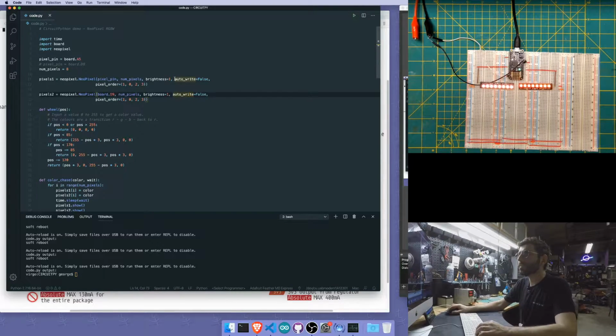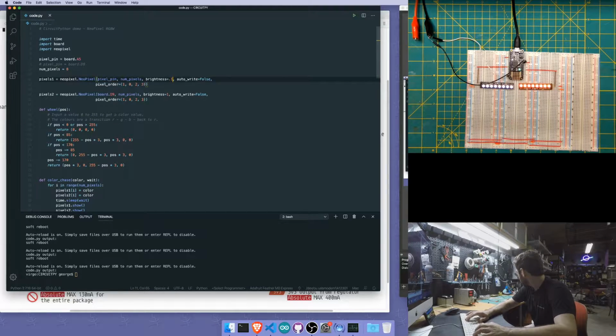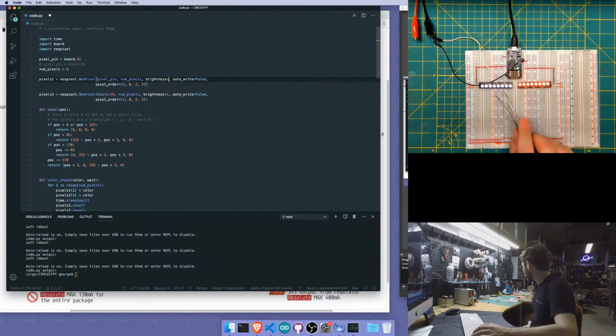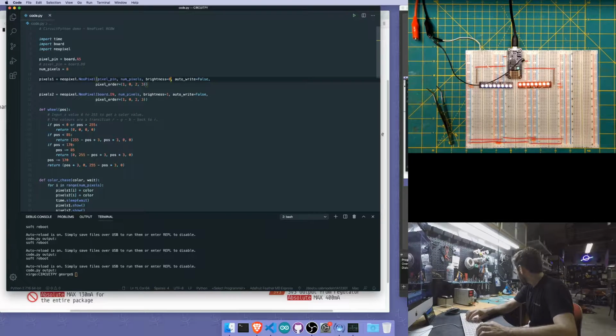I mean, is the brightness even doing anything at this point? Yeah, okay, so if I change pixels 1, which represents the cool white board, this left board here, and brightness at 0, it should go off.